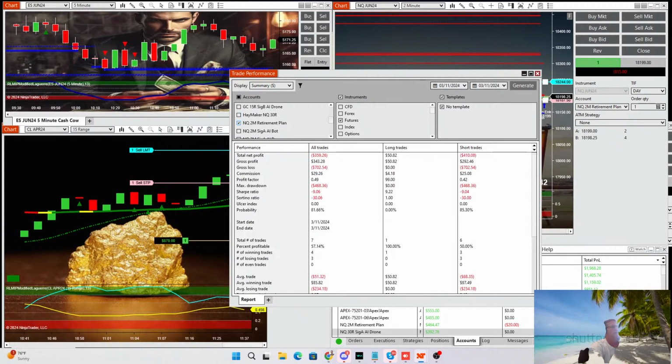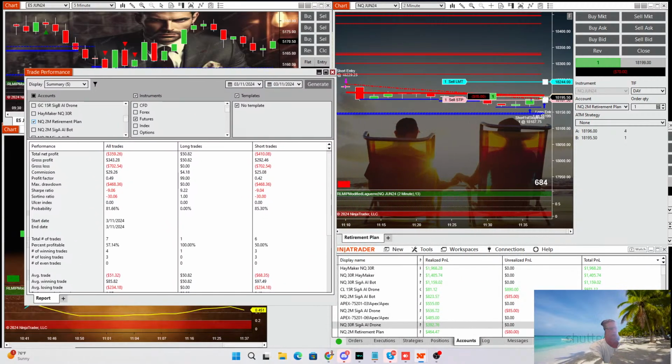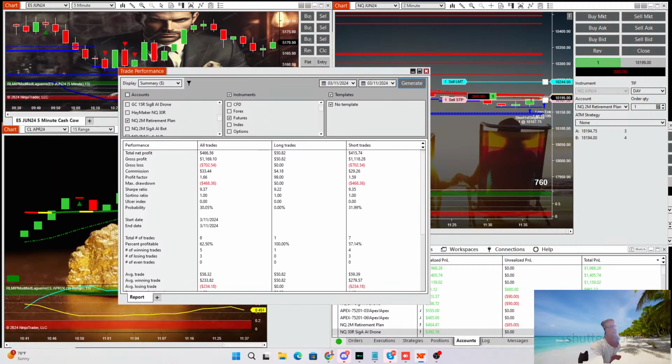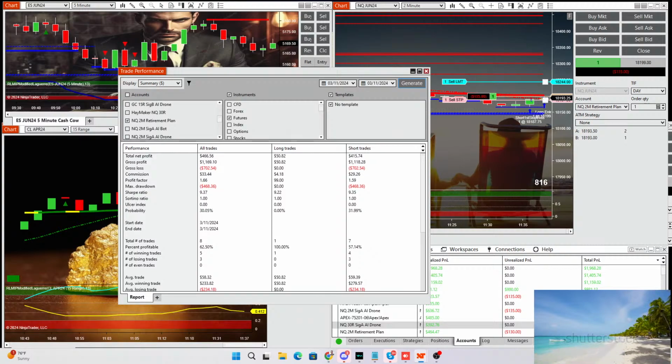The 2-minute retirement plan. I think that one's still in this. I think it was in a trade. Let's update that. Okay. The 2-minute retirement plan, it just closed the position for a winner. So it's up right around $500, just under $500.